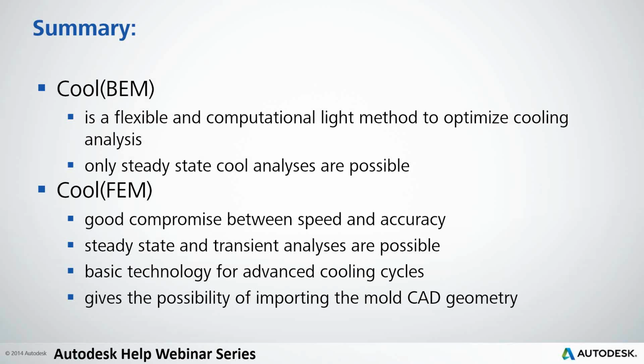And this is also the basic technology for more advanced cooling analysis like rapid heating and cooling, or to model the hot runners. It also gives us the possibility, at maybe the last design step, to bring all the tool, to mesh it and to simulate not only the cool, but also probably the warp based on our real tool, or the tool that we will produce after that.